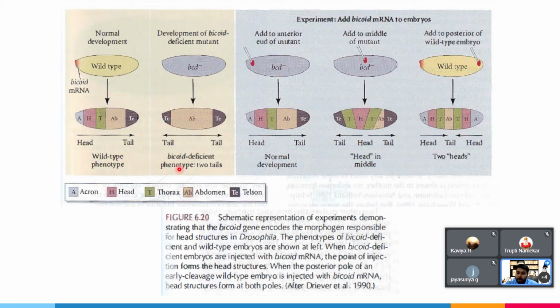And the bicoid deficient phenotype is two tails. So can anyone tell me why exactly do we see two tails and abdomen in the middle? Anyone wants to try and answer this?